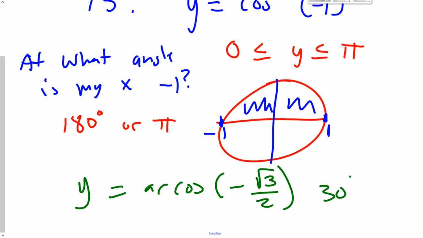So that's 30 degrees, or pi/6, but we need a negative, so take 180 and subtract 30, and you would get 150. So 150 degrees, or 5 pi/6 in radians. Okay, so that's it for cosine. That was a quick one.